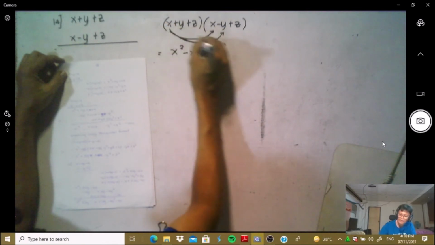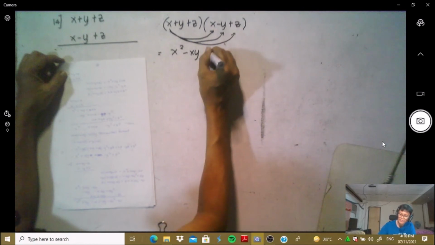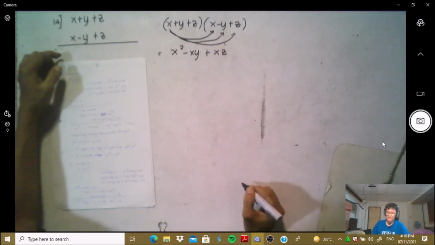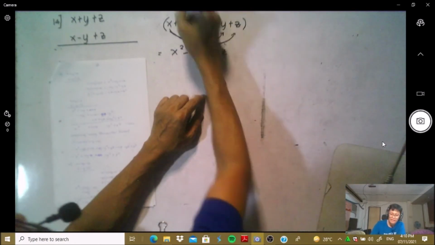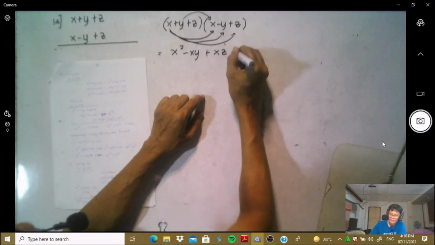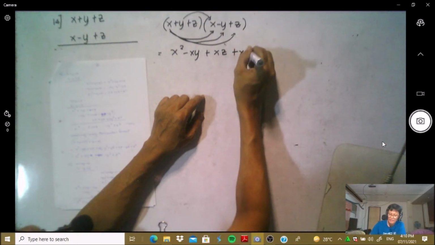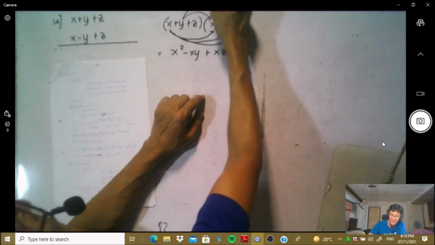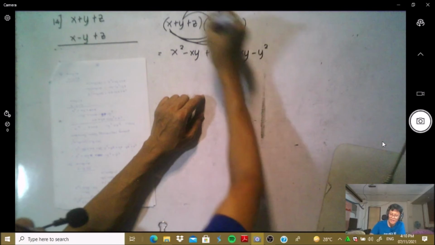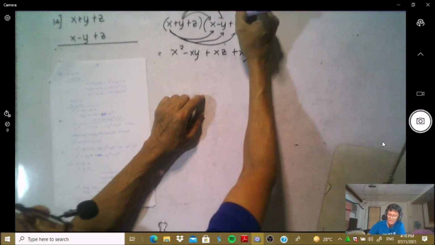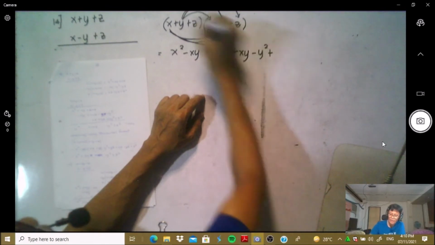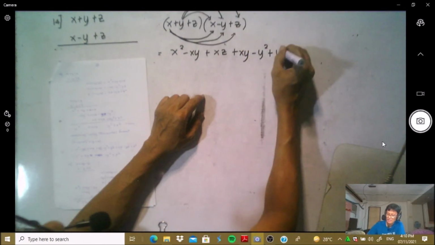Then we have plus xc. Next, y against x, so we have plus xy. Then y times negative y, so we have negative y squared. Then y times c is equal to yc.